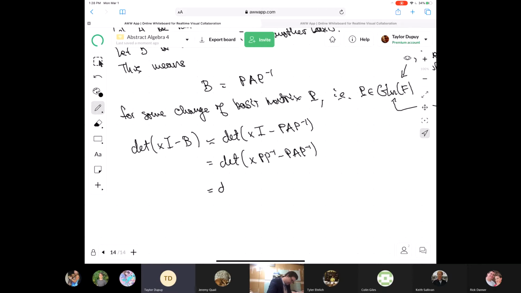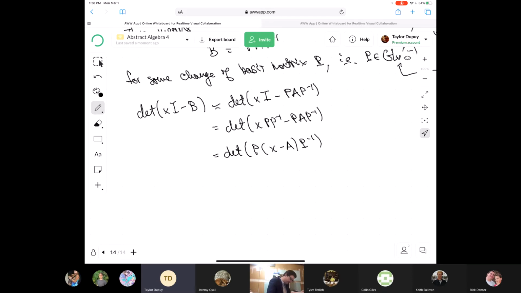Sometimes we just omit the identity when multiplying by a scalar.